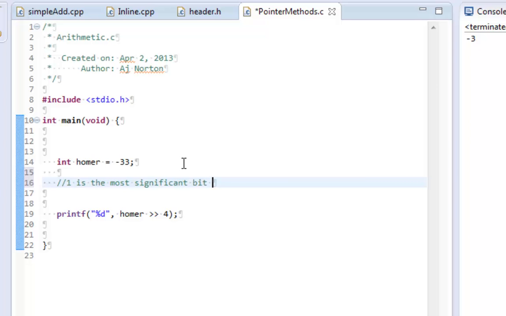If what you're dividing by, 2 to the parameter, does not go perfectly into the number you're dividing, you're going to get an offset error. Most likely, you will get the answer you want minus 1. I wanted negative 2, but I got negative 3, minus 1. So this is something you have to account for, something you have to worry about.